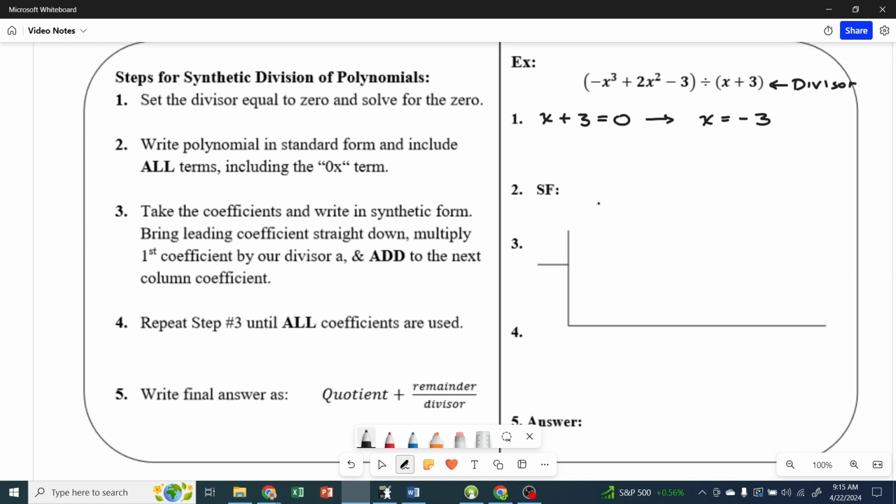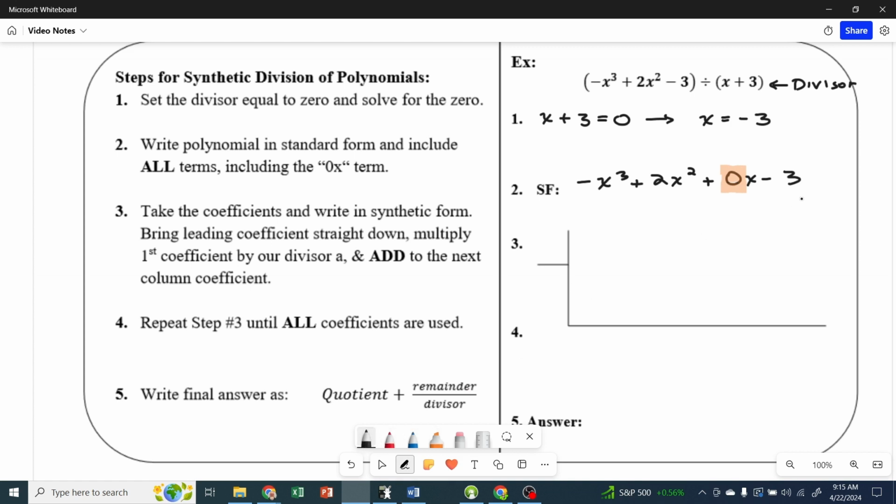The next thing I'm going to do is put this polynomial in standard form. So the standard form is negative x cubed plus 2x squared plus 0x minus 3. Okay? So this is the part we were talking about. We don't have any x's, so we're going to put this in here.